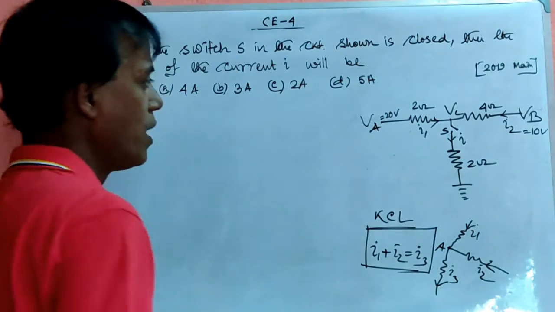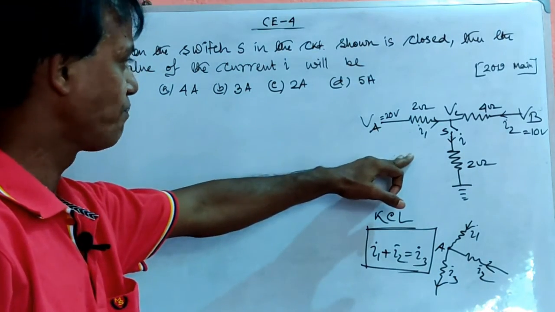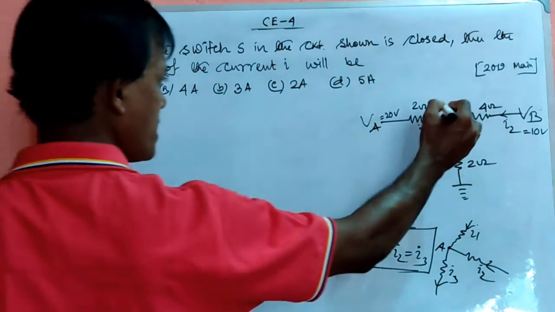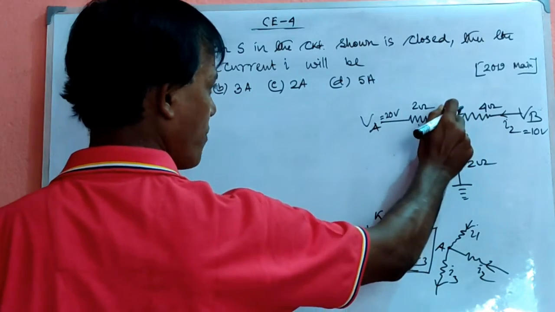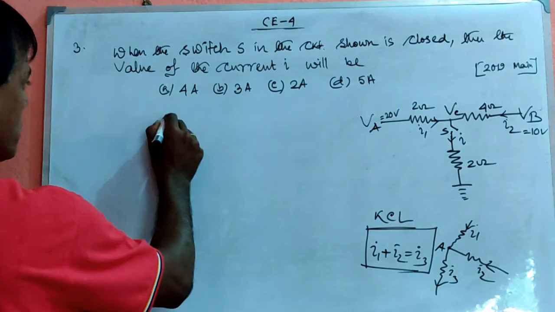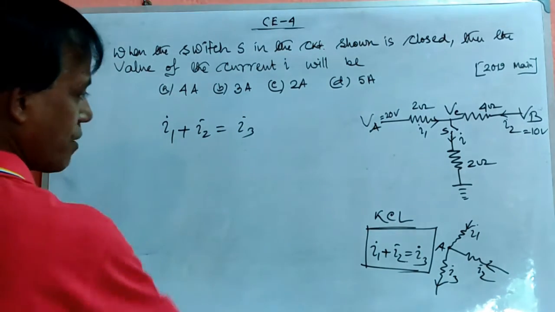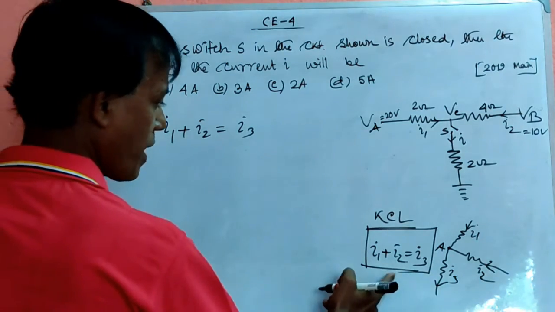So this is Kirchhoff's current law. Now if we apply this in our circuit, if VC is the potential of that point, then I1 plus I2 is equal to I3 from KCL.